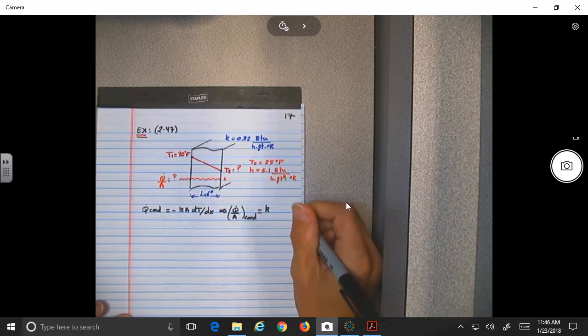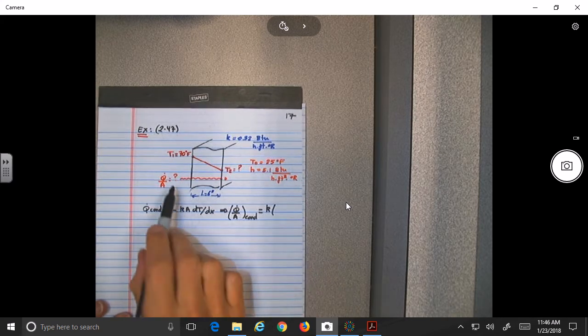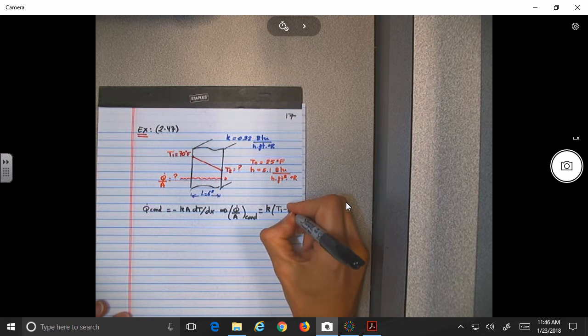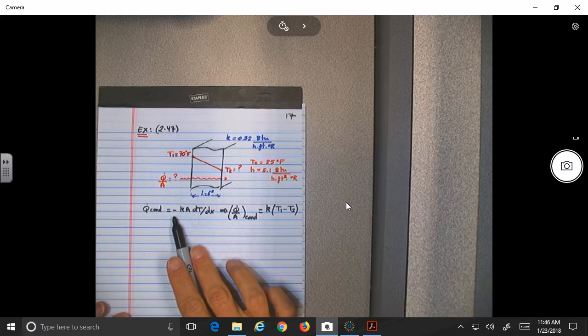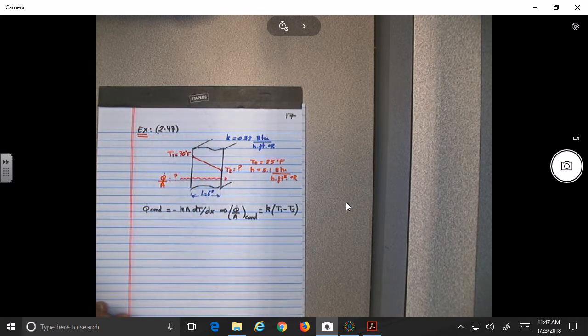K of what? Where are we going? From hot to cold, no? So what do you have over here? T1 minus T2, or if you want to keep the minus sign, you will have to put minus final minus initial, T2 minus T1. But that way I get rid of this.